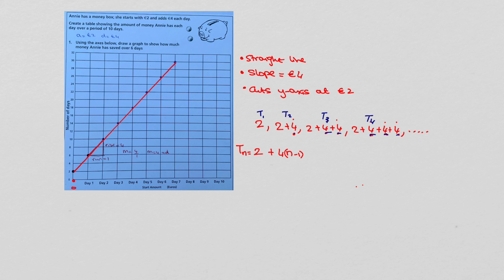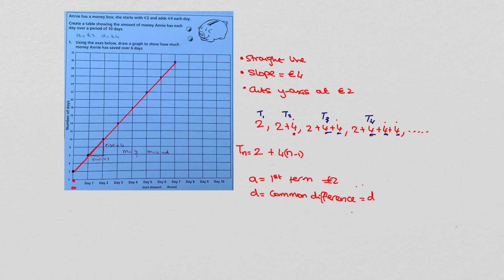So in other words, I can find any term in the sequence by saying 2 plus 4 times n minus 1, where we say A is the first term, which in this case was 2, and D was what I was adding on, or what's known as the common difference.